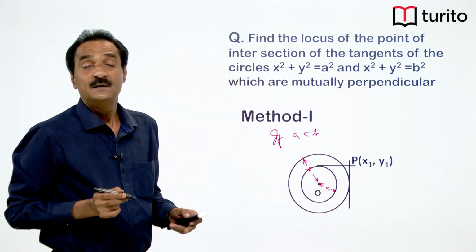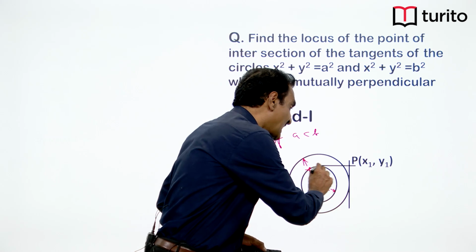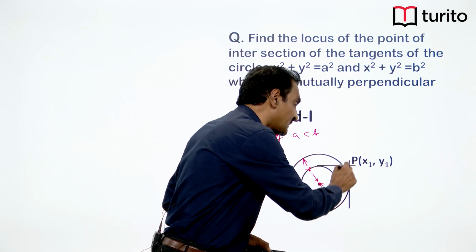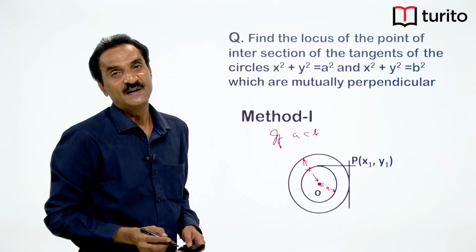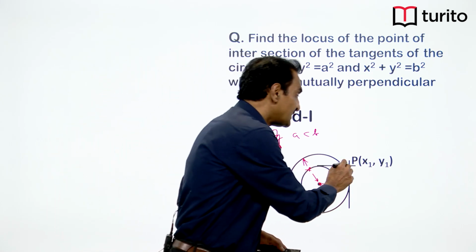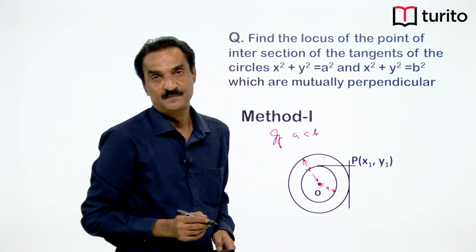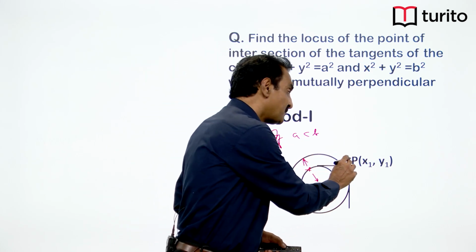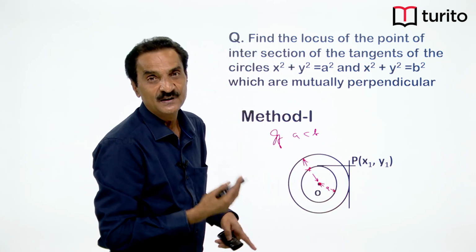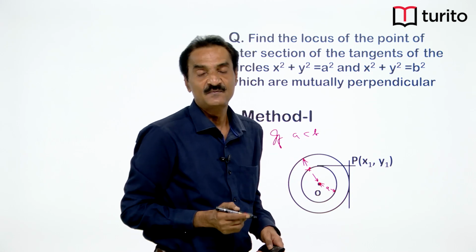Okay. Now, draw a tangent to one circle which is perpendicular to a tangent of the second circle, then we want the locus of the point of intersection. So, let us assume that the point of intersection of these two perpendicular tangents is P x1 y1.